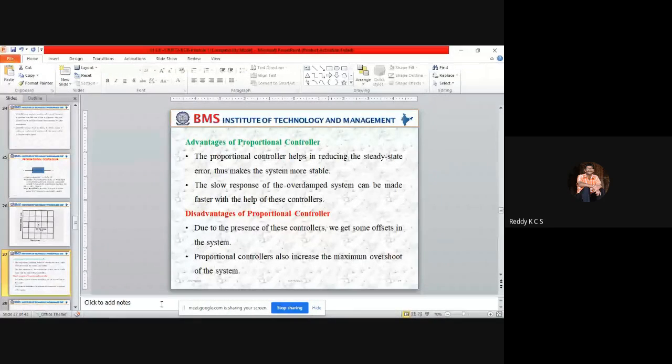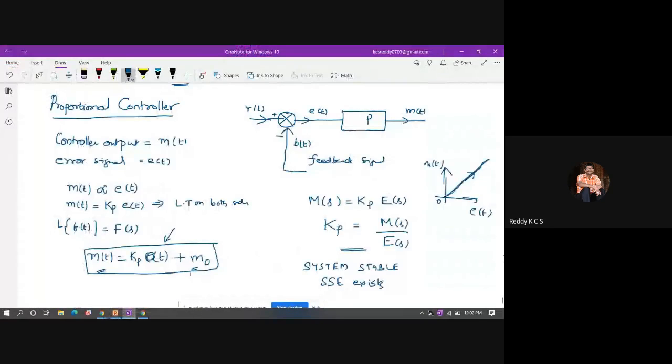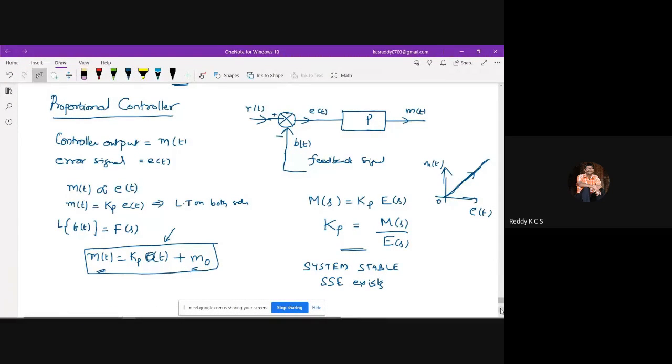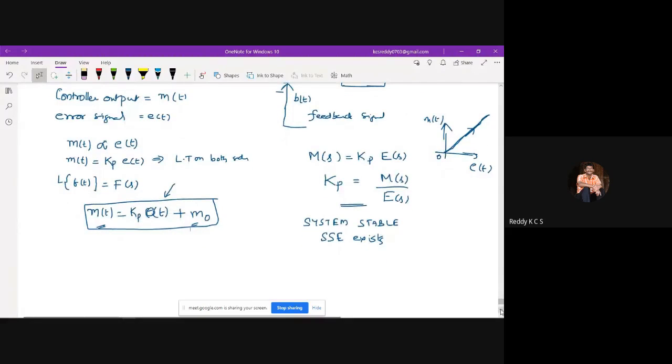Say, for example, if I draw the response of a system with respect to time, there is a desired output, and as the time increases, the response of the system is going to be like this.